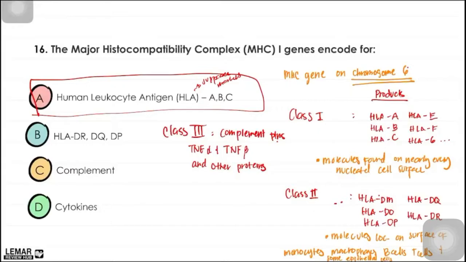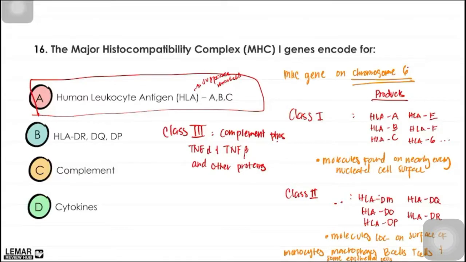This gene is responsible for the following product classes. Class 1 includes your HLA-A, B, C, E, F, G, etc. These molecules are found on nearly every nucleated cell surface. Very important to remember is that antigen-presenting cells containing MHC class 1 molecules present antigen to your CD8 positive cytotoxic lymphocytes.